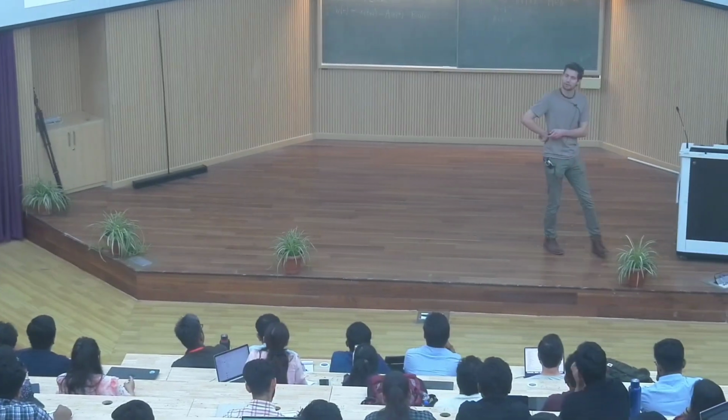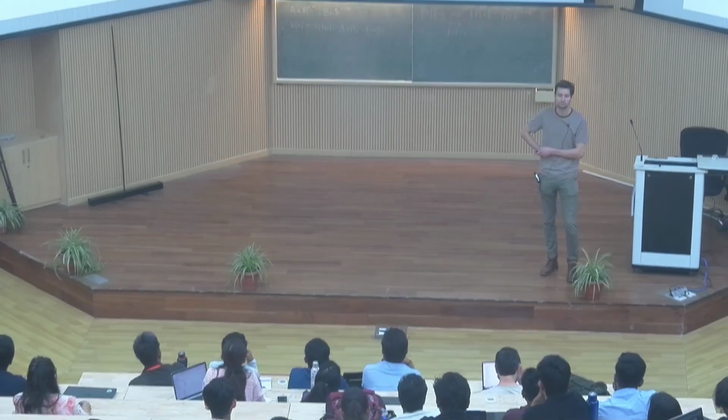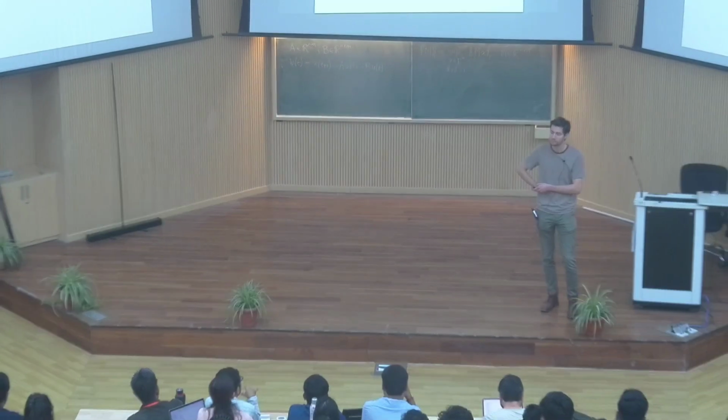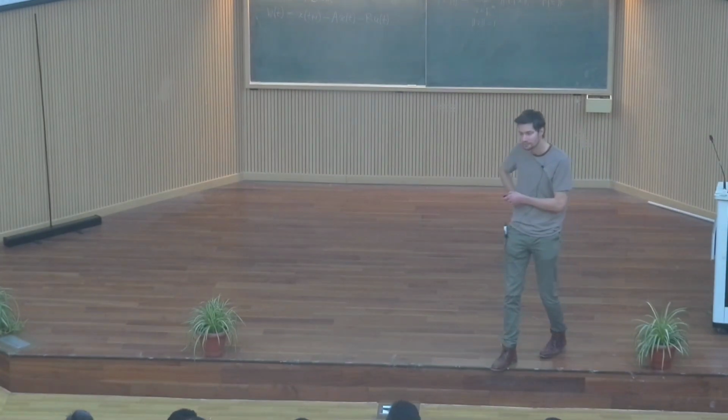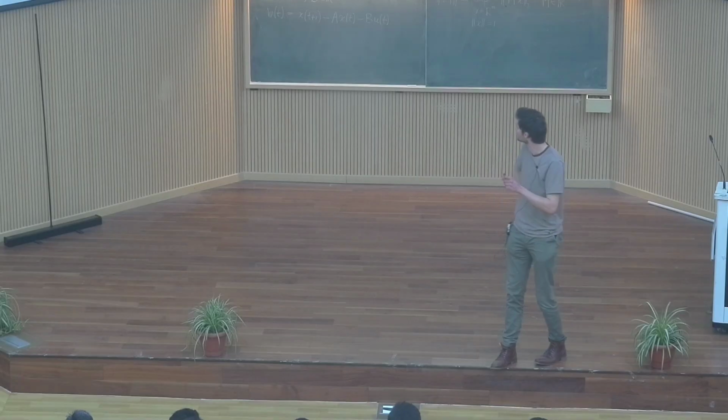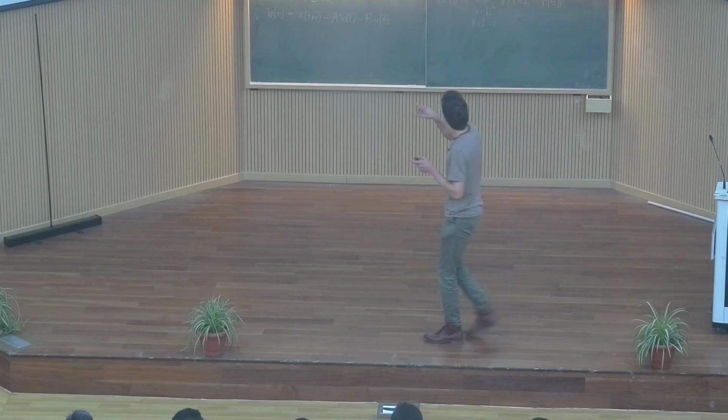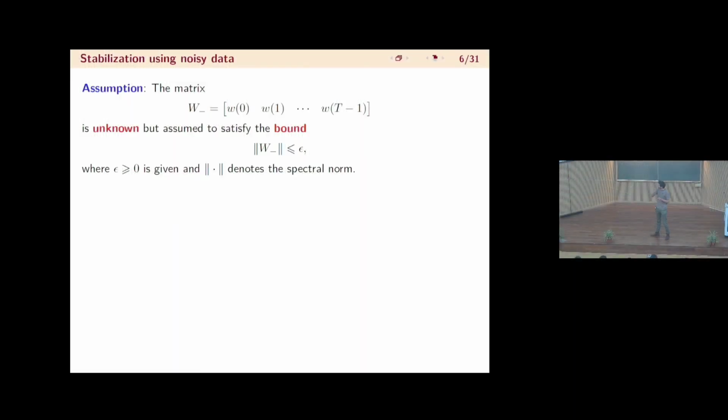Any questions about the noise model that we assume? So the model class is now the one with W, right? True. The set of explaining systems is going to change because there we impose this assumption about the W minus.